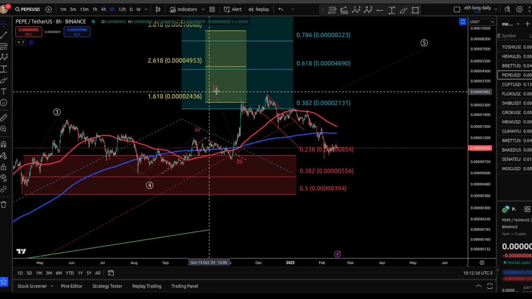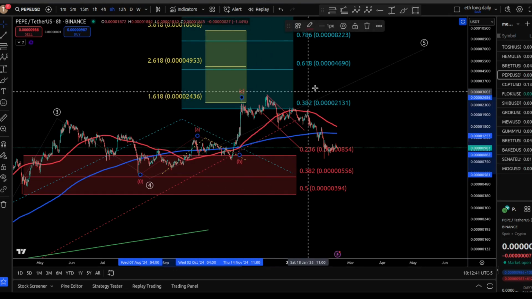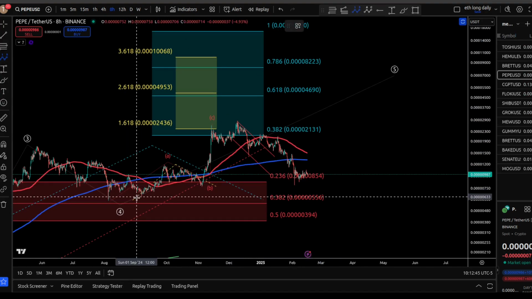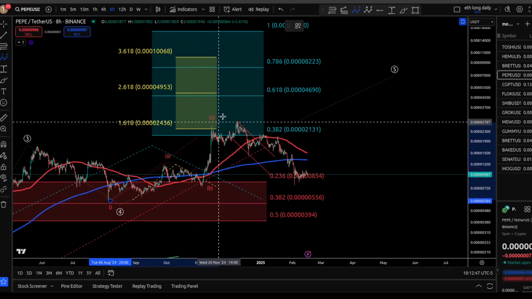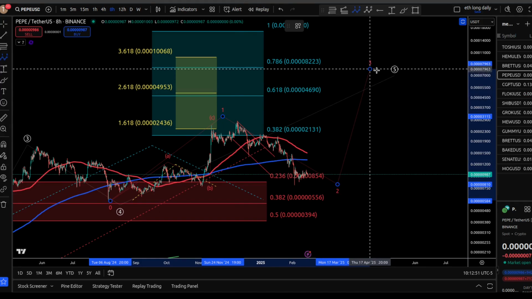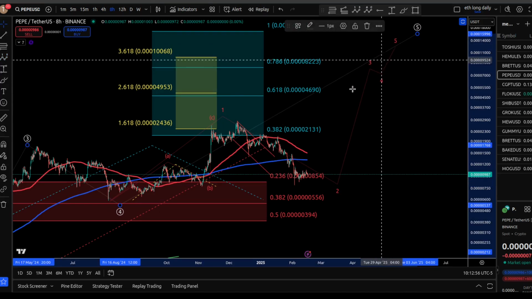This is the A, this is the B, this is the C. And if I do some micro counting now, this is wave 1, wave 2, wave 3, 4, 5, eventually, to complete this fifth wave.